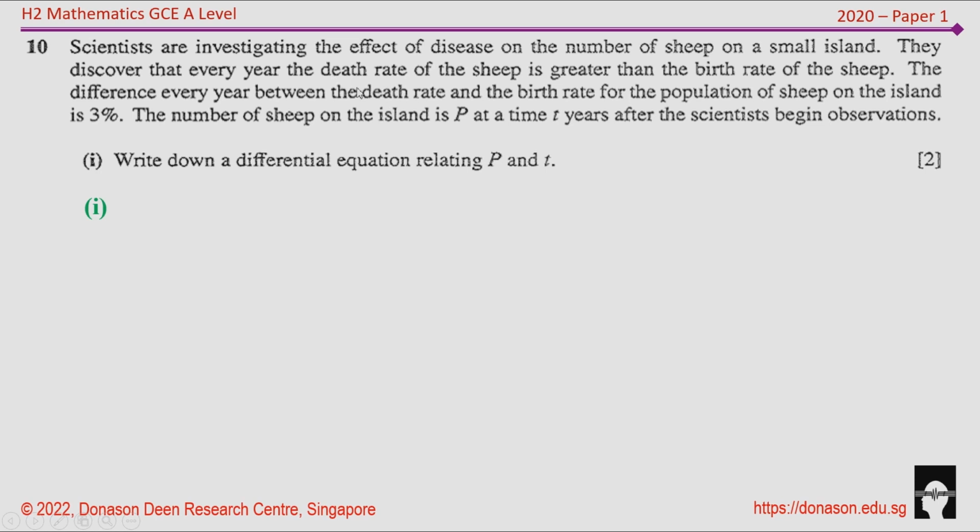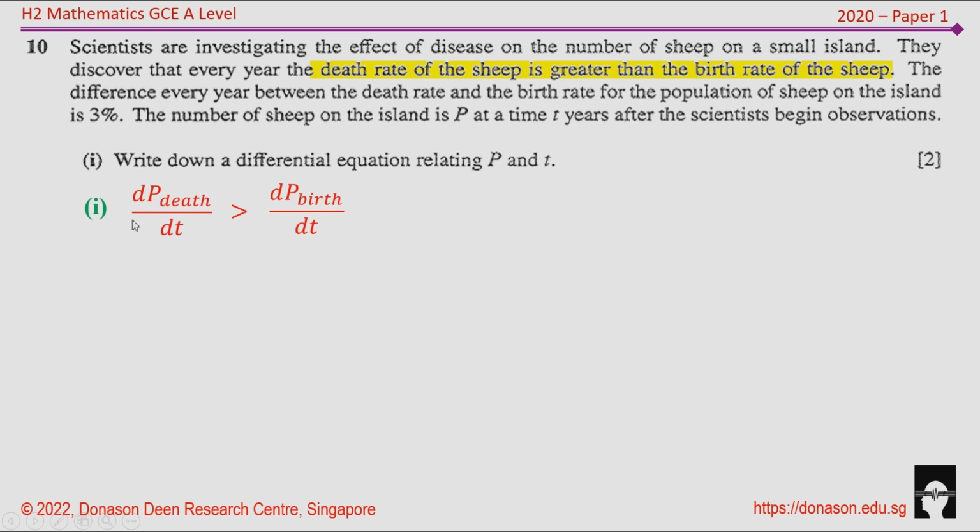Death rate means it's talking about the rate of increase of the population, so we can just call it dP death over dt. So what does it mean?